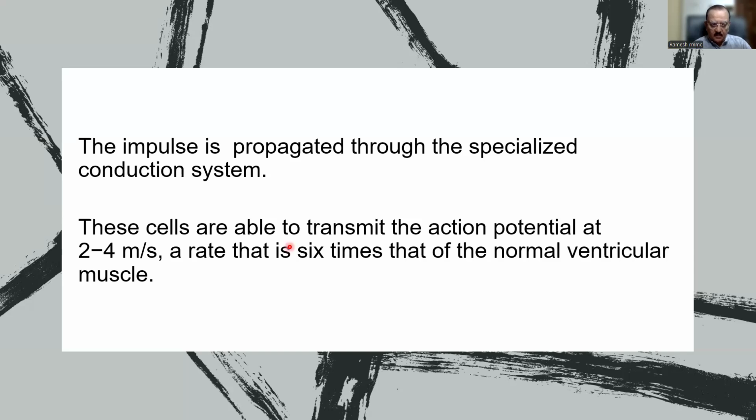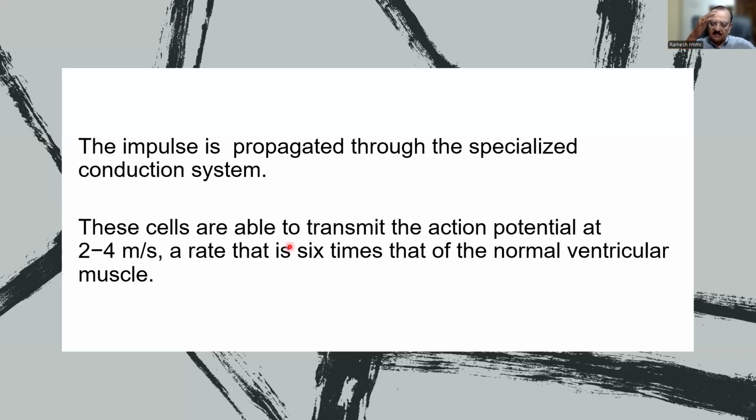So why are some QRS thin and why does it become wide? It's because of whether the impulse is traveling exactly in the specialized conduction system. What is the specialized conduction system? AV node, bundle of His, right bundle, left bundle, anterior fascicle, posterior fascicle, Purkinje fibers. That is the path in which the impulse is supposed to travel.